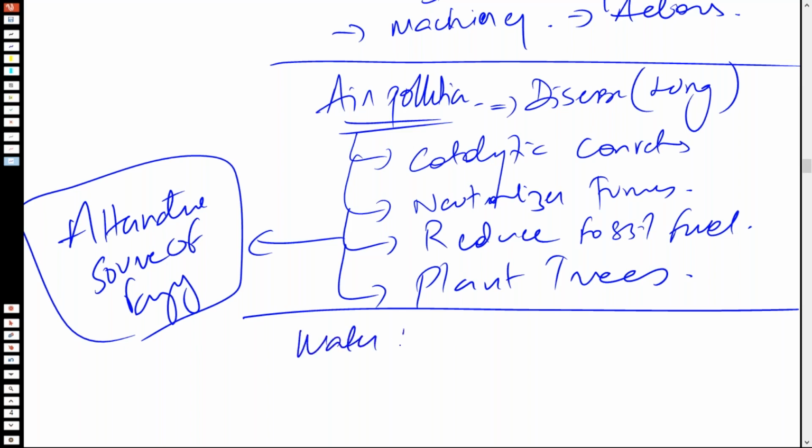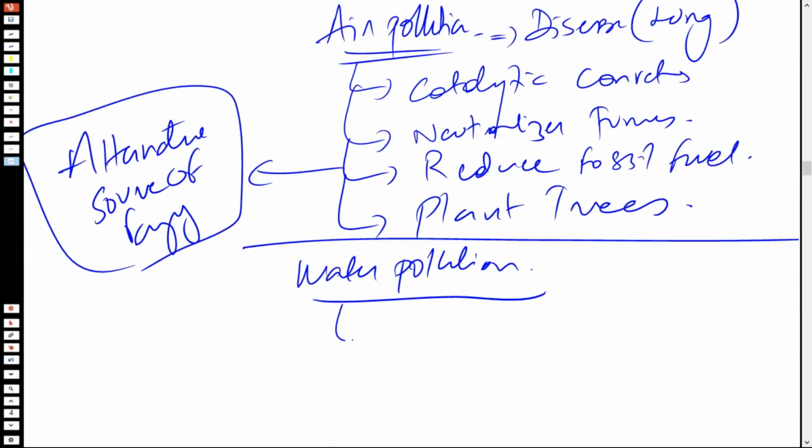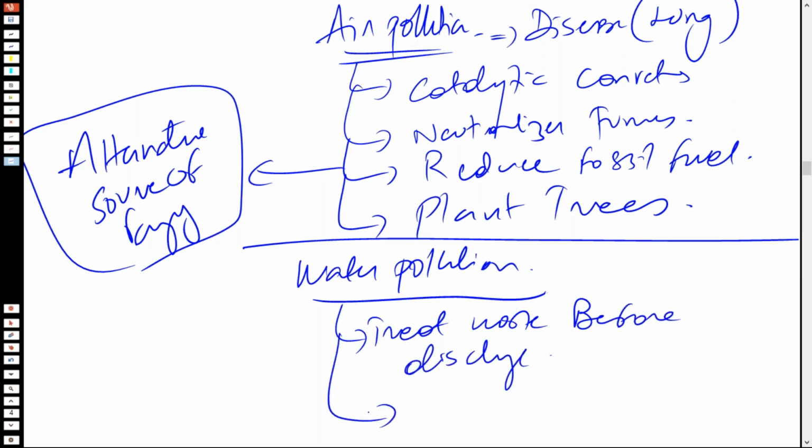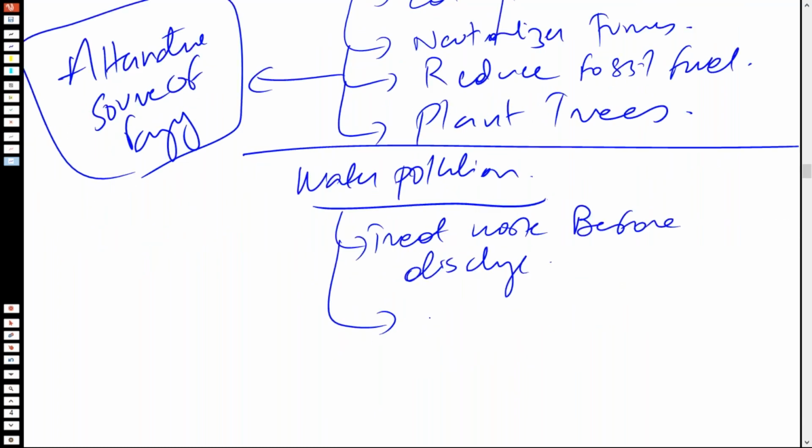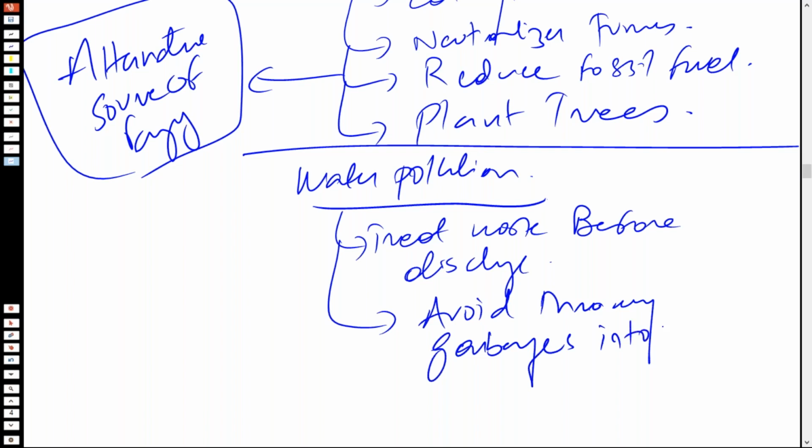Furthermore, you can cause water pollution from your activities. And organizations try to treat the waste before discharge. Organizations try to avoid throwing garbage into the water canals, and so on.